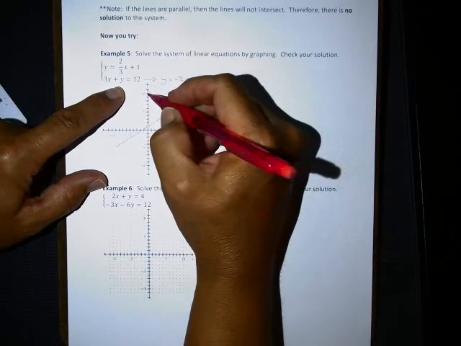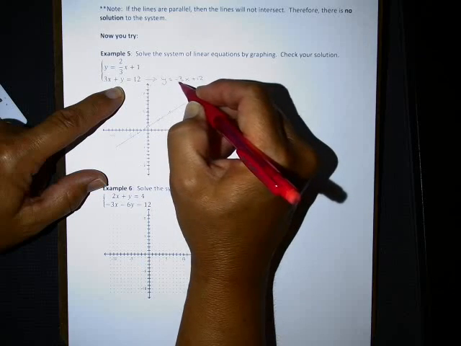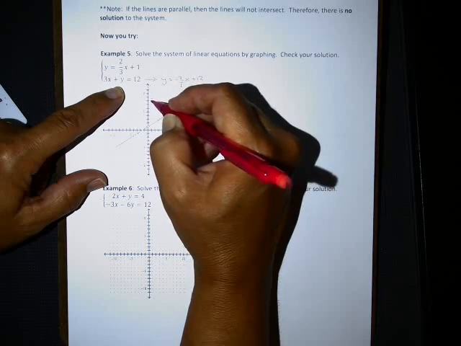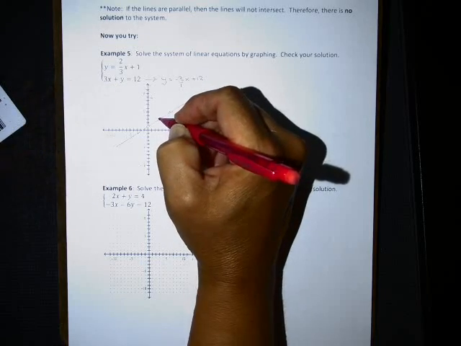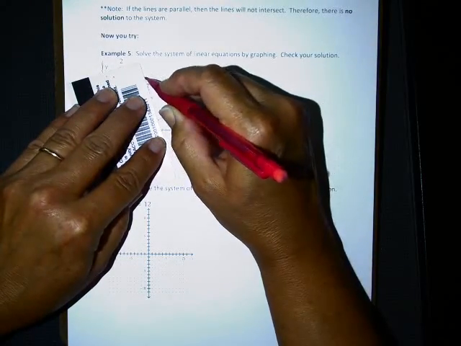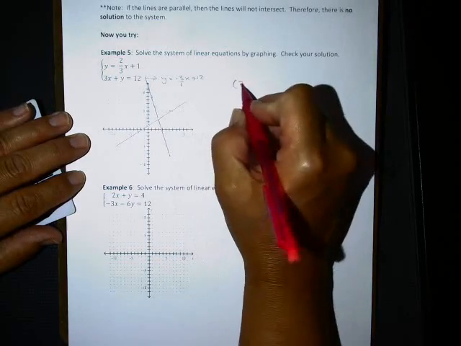This one goes off of your graph a little bit. This is 11, and then 12 will be up here. And then since it has a negative 3 slope, that's down 3 and over 1. So I can see that it's going to intersect right there at that point, which is the point 3, 3.